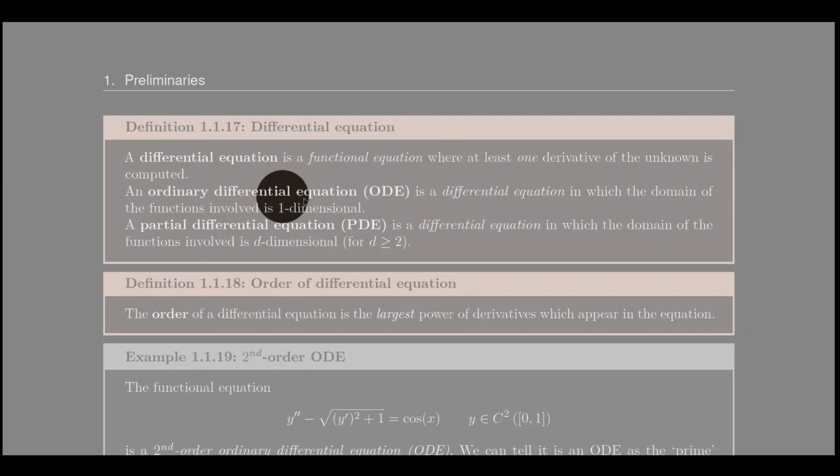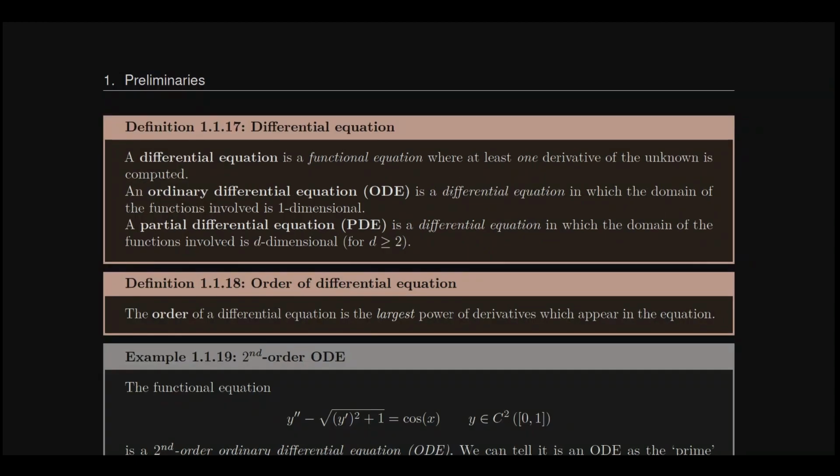An ordinary differential equation is any differential equation in which the domain of the functions involved is one-dimensional. When we're talking about ordinary, we're talking about the domain of the functions involved, not the collection of functions we're solving over. So what are the inputs to every function we're solving for? If that input is one-dimensional, then we're talking about an ODE.